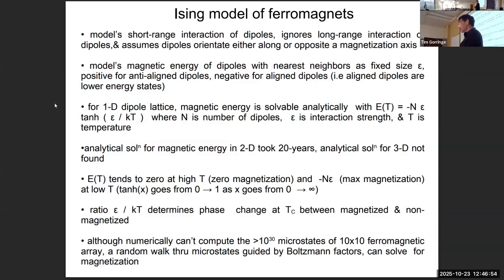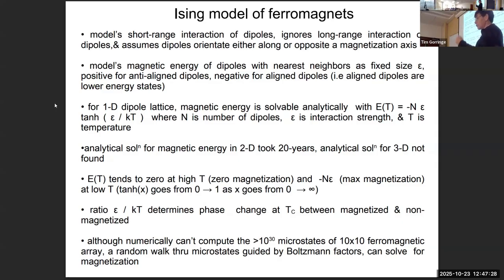So in a ferromagnetic situation, if the two dipoles are lined up with one another, that's the preferred situation, and the energy is lower. And in a ferromagnet, if the two dipoles are lined opposite one another, then that energy configuration is higher.